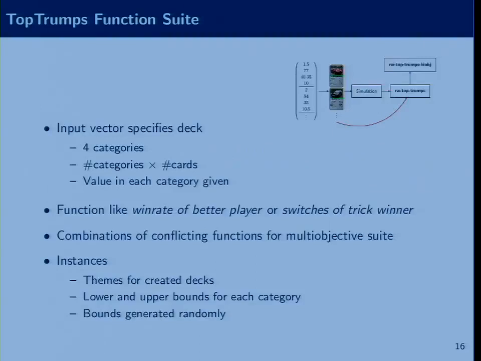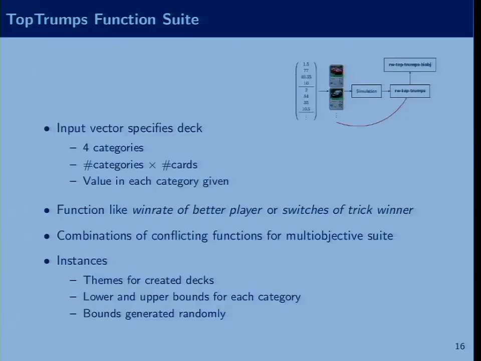And in particular, talking about the input vector, here we have 4 categories and 4 cards, so the number of categories times the number of cards is then the dimension of the problem, and the actual values provided here are values in each category on the cards given. Then we have functions like the win rate for the better players, or the switches of the trick winner.